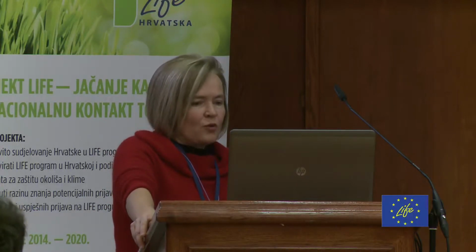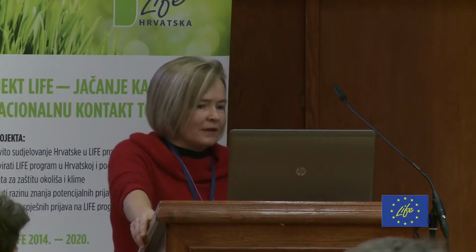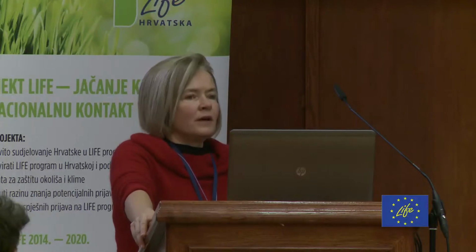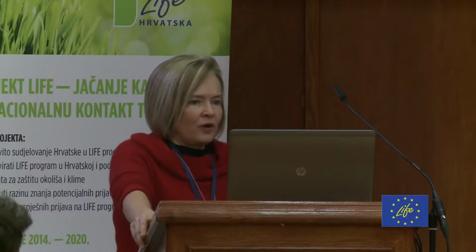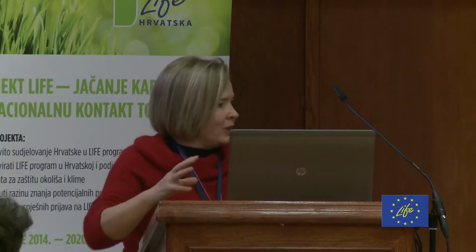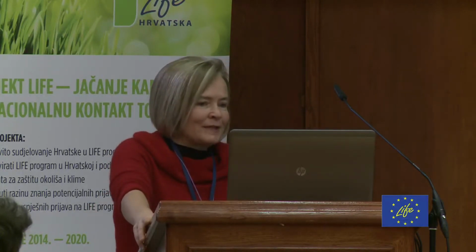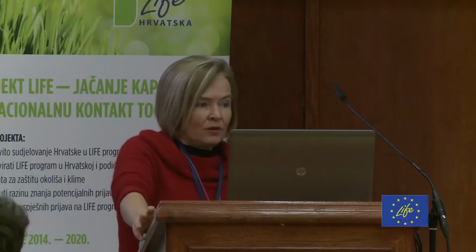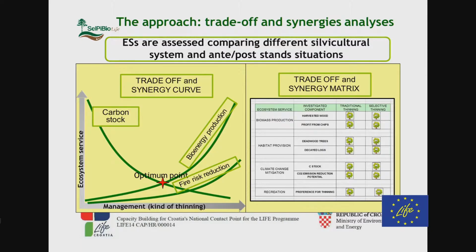And our approach was to find the optimum point when we manage forest to have an equilibrium and a synergy between different roles of forest, different services. For example, if after the forest cutting I harvest wood, the carbon stocked by forest is reduced, but the fire risk reduction is improved.